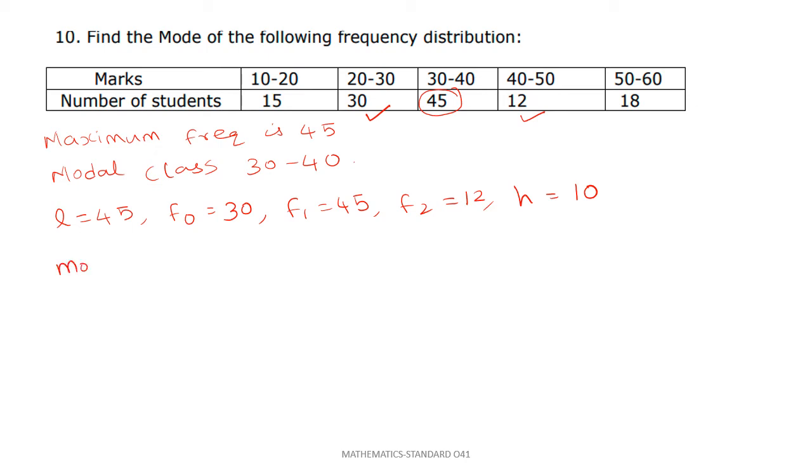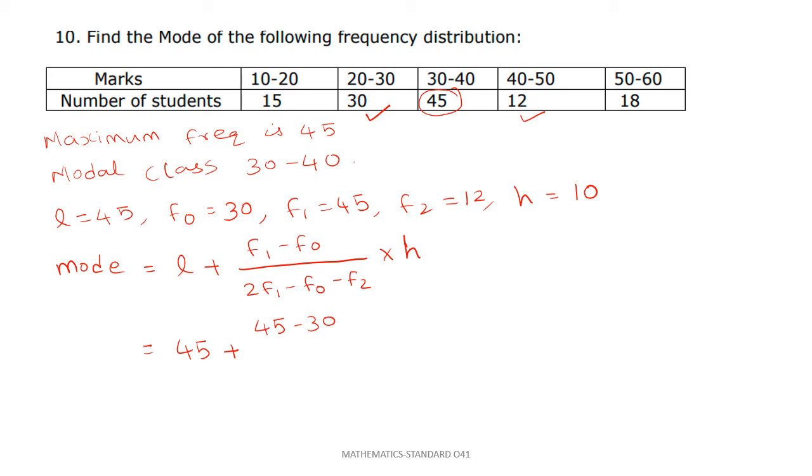Now substitute all these values in the formula for mode, which is L plus F1 minus F0 divided by 2F1 minus F0 minus F2 multiplied by H. So L is 30 plus F1 is 45 minus F0, where F0 is 30, then 2 times F1 is 45 minus 30 minus 12 multiplied by 10.